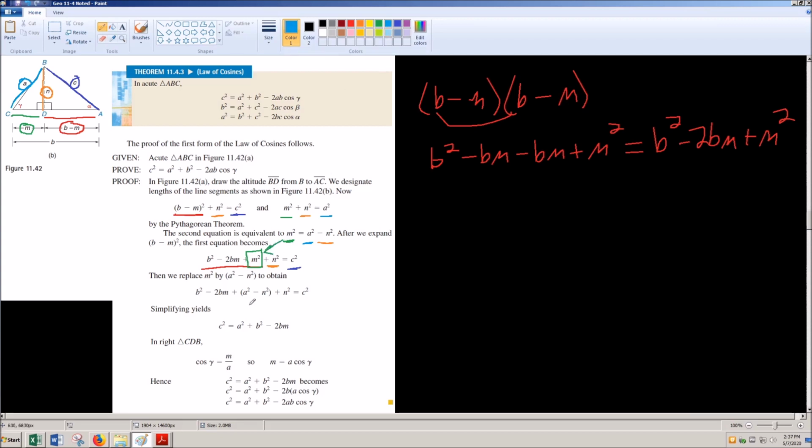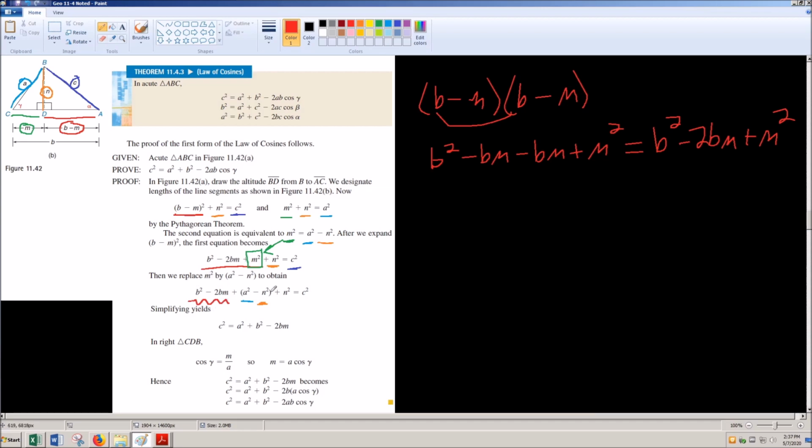So that's where this is coming from: a squared minus n squared. This I'm going to just change to be like a squiggly line, because this is no longer talking about b minus m. This is now just a chunk of that. So it kind of started like this, but it's definitely different now.